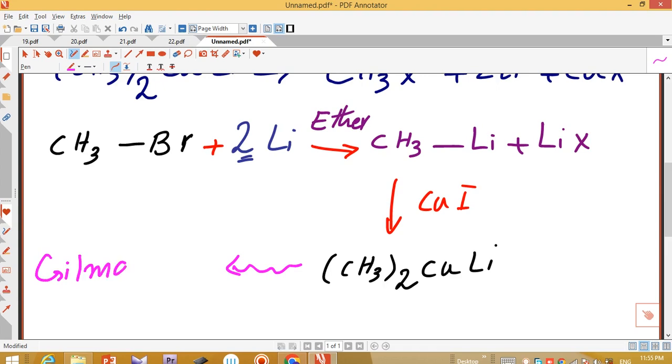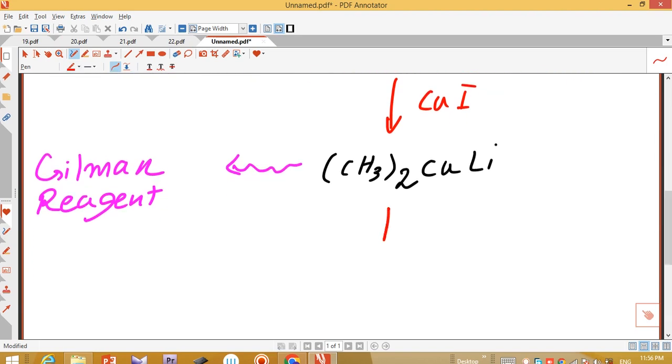Okay, after adding copper iodide to methyl lithium, we will have dimethyl copper lithium, which is Gilman reagent. It will react with phenyl iodide, and instead of halide, you should put your nucleophile, which is methyl, my friends, here. So instead of iodide, we put methyl.